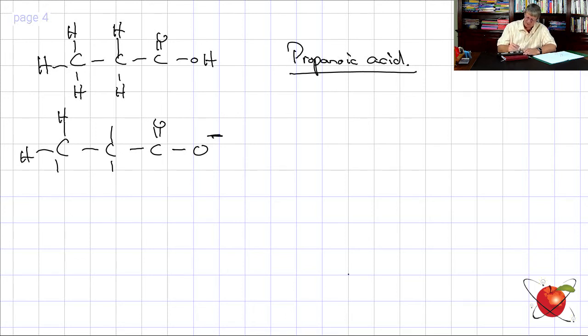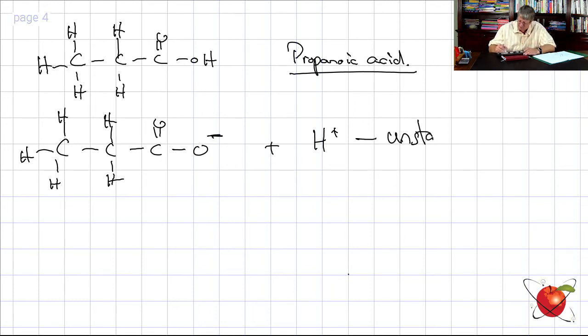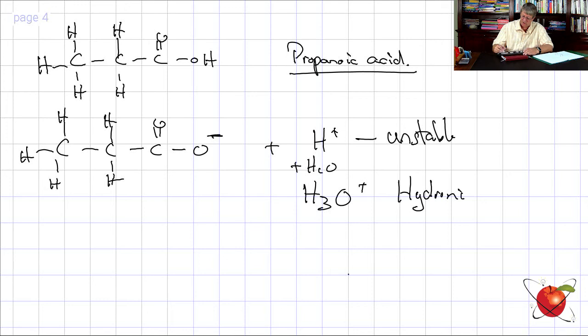So the hydrogen that gets given off, now that I've stuck this in water, is an H+. H+ is unstable, so it links up with an H2O to form H3O+, the hydronium ion, correct? That's an ion.